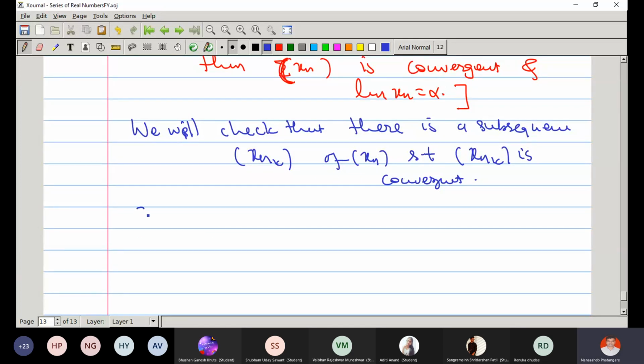Okay. So what is x1? 1 only, 1 upon 1 to the power p. Right. Okay, now I will look at x3. 1 upon 1 to the power p plus 1 upon 2 to the power p plus 1 upon 3 to the power p. Right? So this is 1 plus. I will replace 3 to the power p by 2 to the power p.